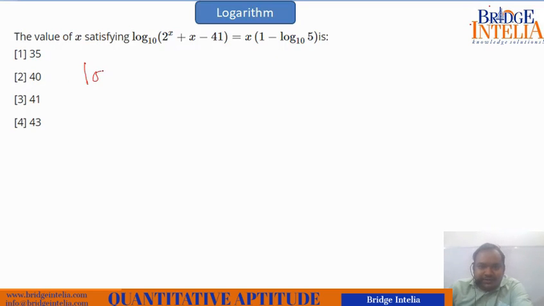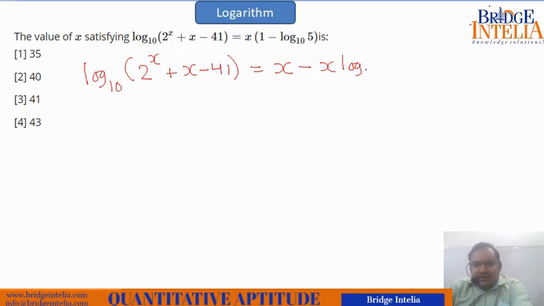So let's rewrite this first. 2 to the power x plus x minus 41 is equal to x minus x log 10 to the base 5. Now there is a problem. This side there is base 10 here. Up till here it is correct, but there is no base 10 here. Then what to do? We can introduce a base 10.